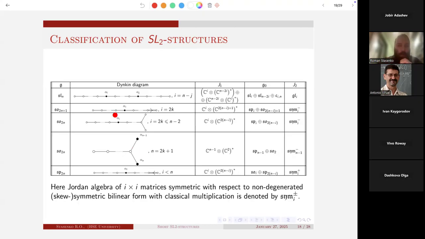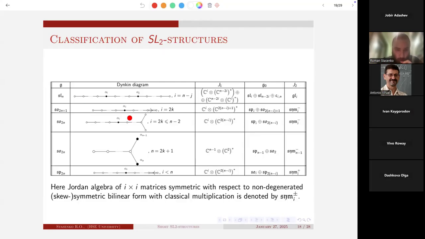As you can see, the second column is the diagram of the short SL2 structure. You can get this diagram if you look at the adjoint action of the Lie algebra on itself.